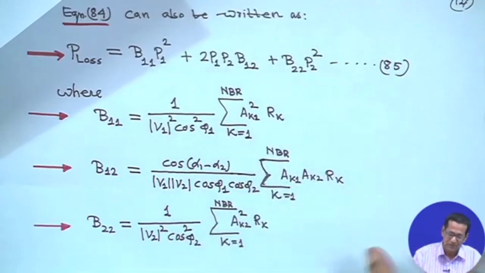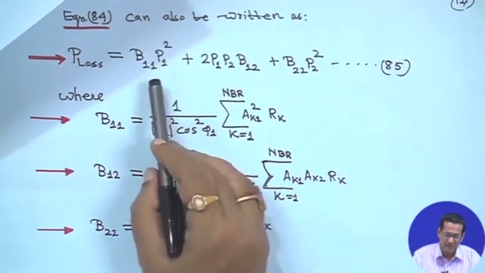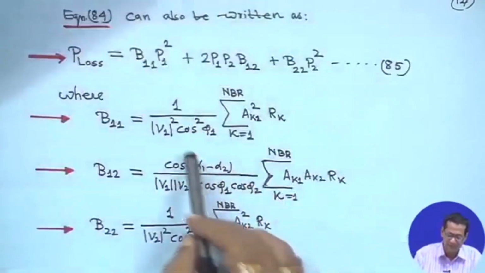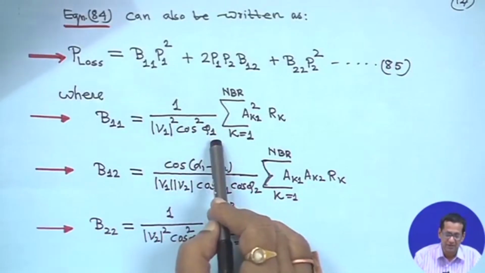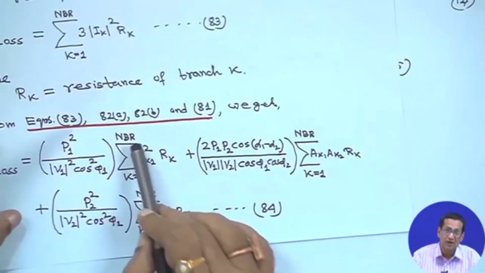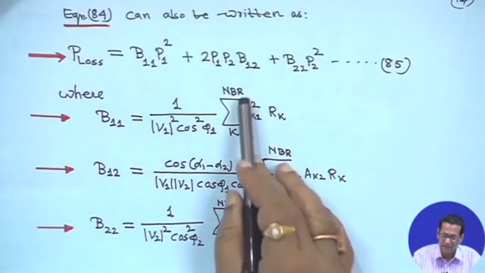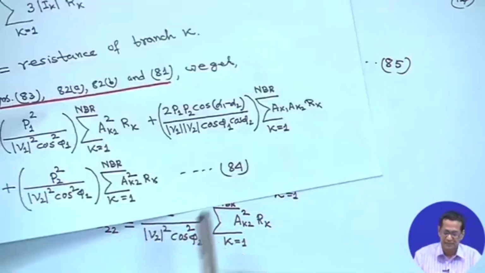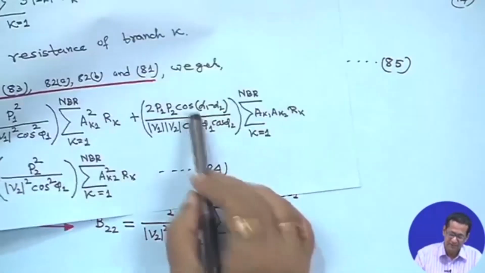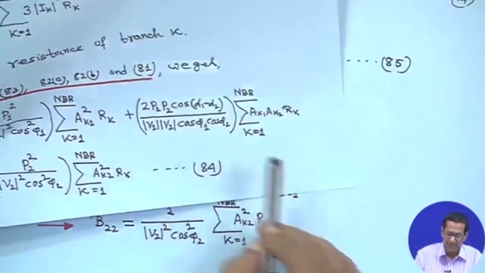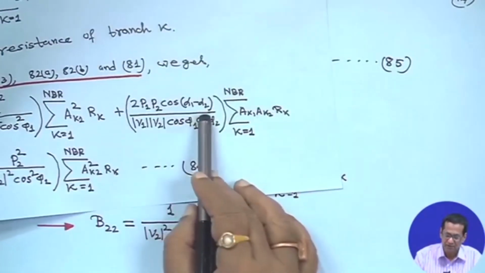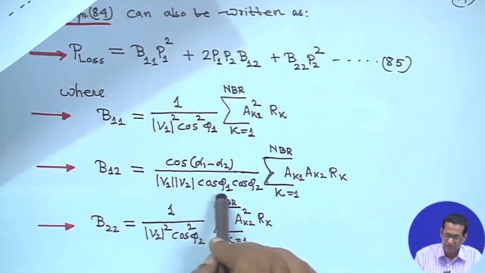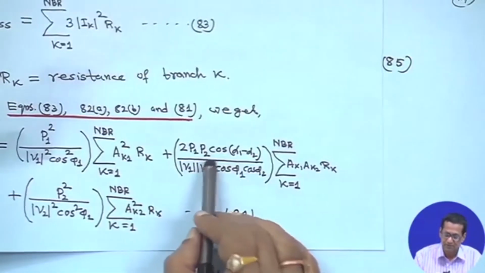But anyway, this is in terms of P1 and P2, right. So, where B11, as we are taking P1 square, that means this is P1 square into B11, B11 is equal to 1 upon V1 square cos square phi 1 into sigma k is equal to 1 to nbr a_k1 square r_k. Similarly, B12 is this term only, right, that is equal to cosine of alpha 1 minus alpha 2 divided by V1 V2 cos phi 1 cos phi 2, because the product P1 P2 is there.